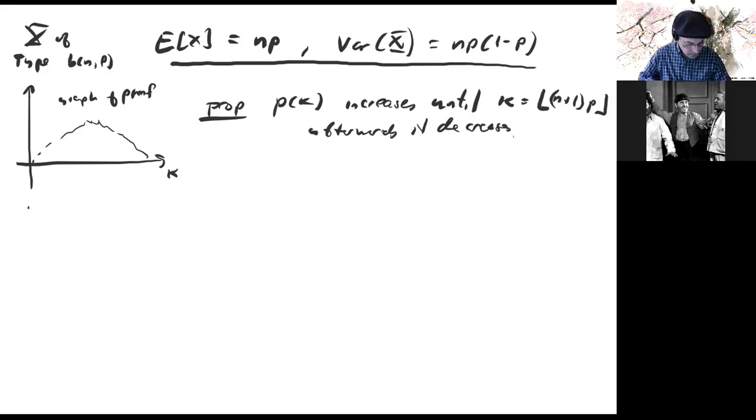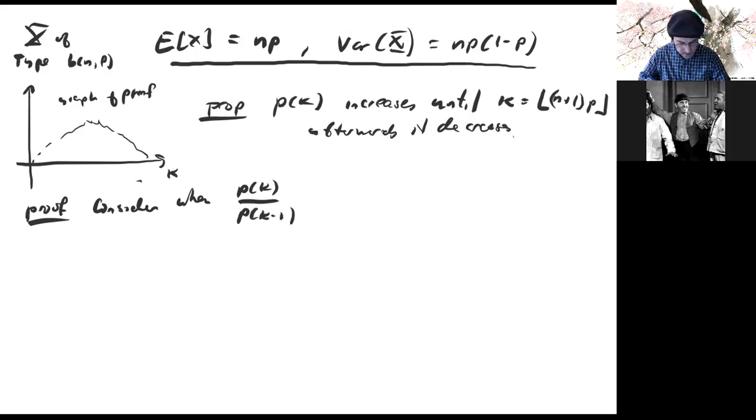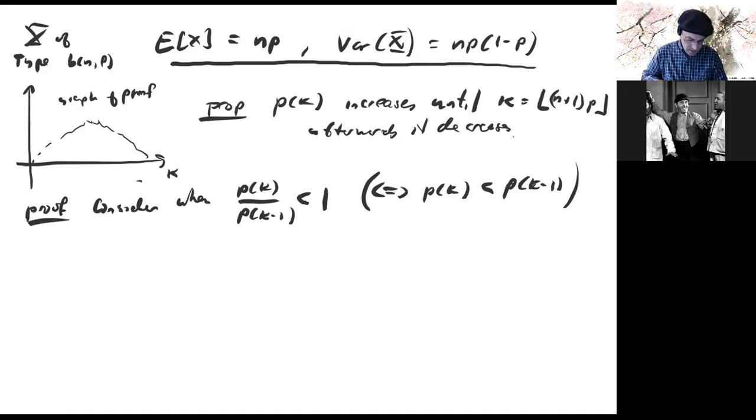Okay, so let's give the proof. Let's figure out where P of k over P of k minus 1 is less than 1. Well, that will be the same thing as when P of k is less than P of k minus 1. So this will tell us when it's decreasing if we can actually compute the left side. So what is P of k over P of k minus 1?